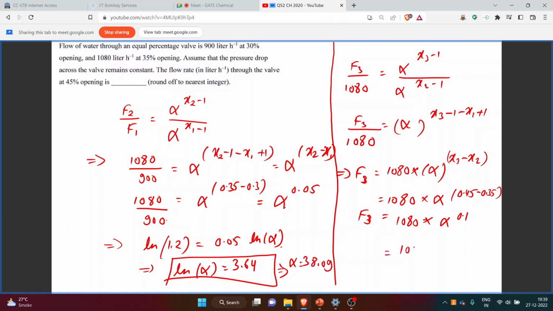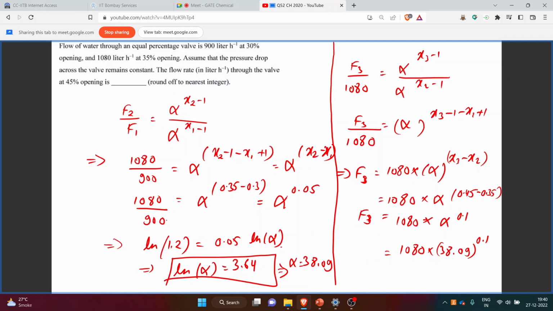So 1080 into 38.09 raised to 0.1. So it will be 1.43 into 1080.